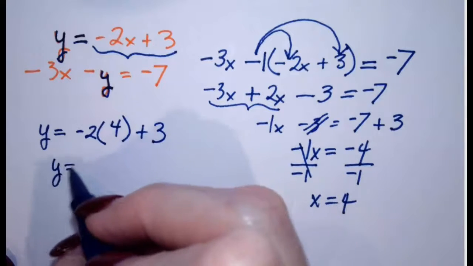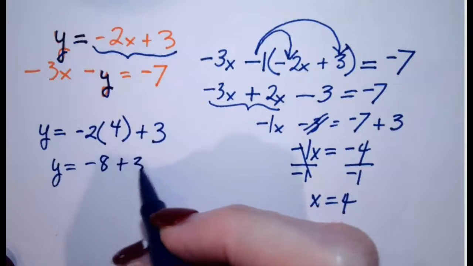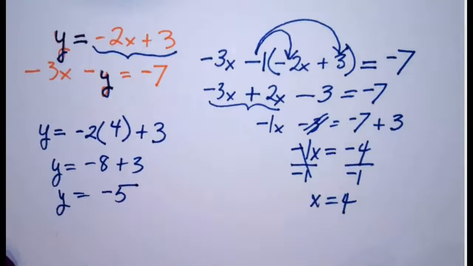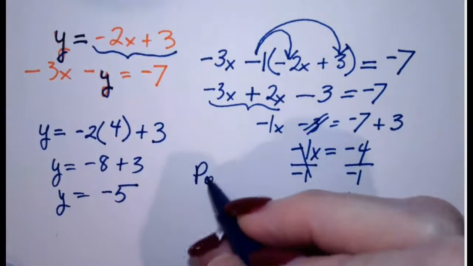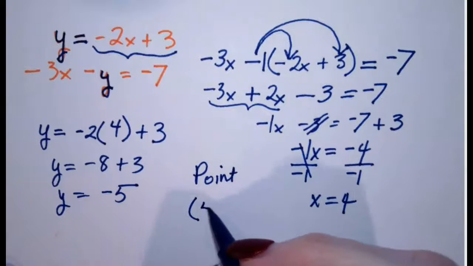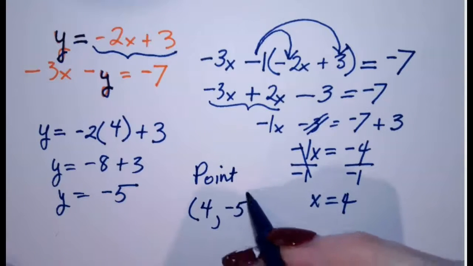Now y is going to equal -8 plus 3, so y is going to equal -5. And remember, this is a point, and a point is represented by an x and a y.